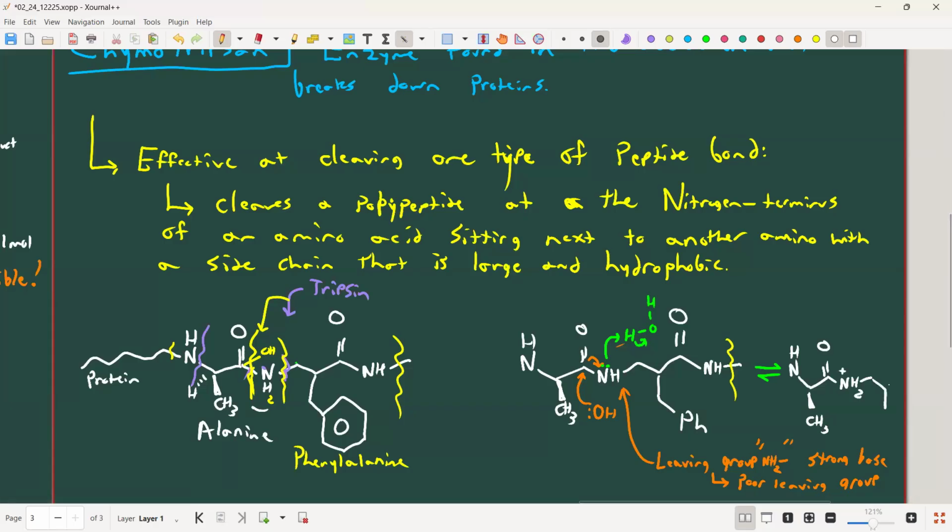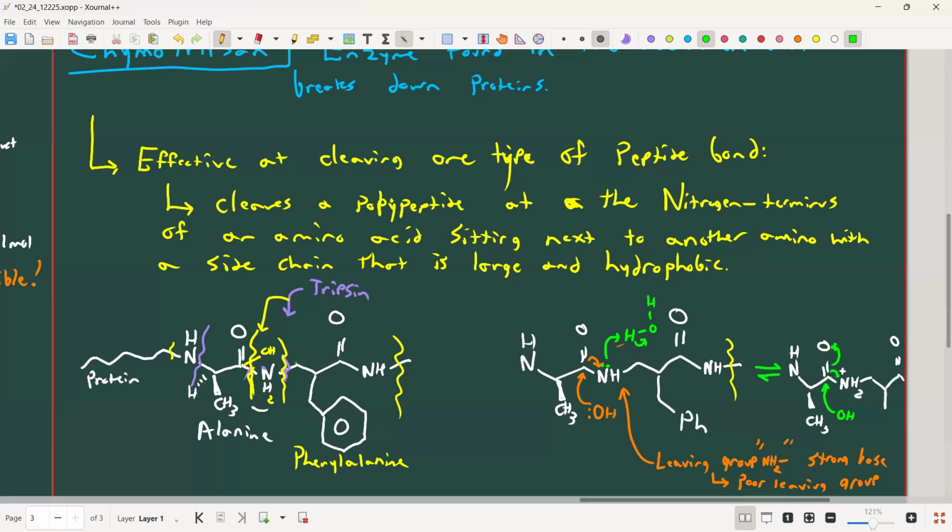I'm just going to draw the rest. And so that's a much more effective leaving group, right? Because this NH2 wants to remove one of those bonds anyway, and this thing's going to fall off. This is going to be very nice. So we can take that OH, come here, kick here, and kick this off. And now we get a carboxylic acid and an amine. So that's great. We have some idea, at least in solution, about what needs to happen.